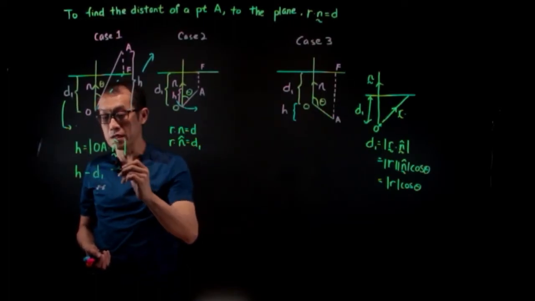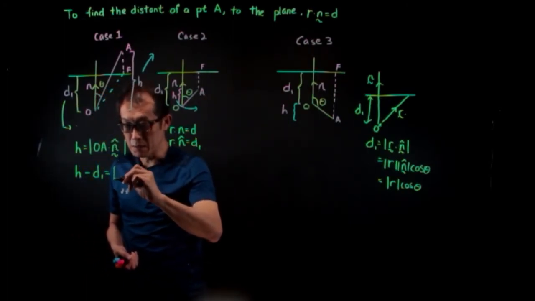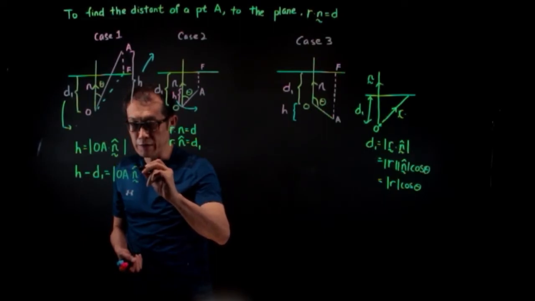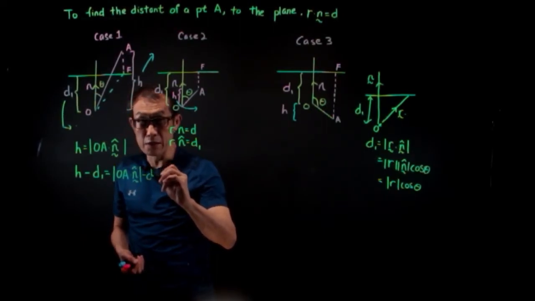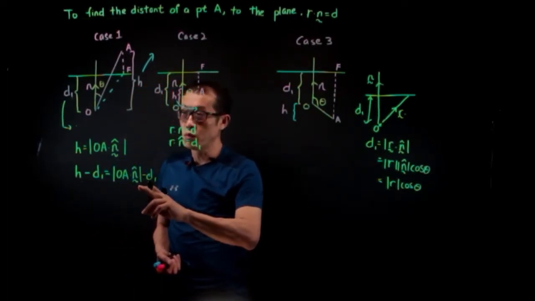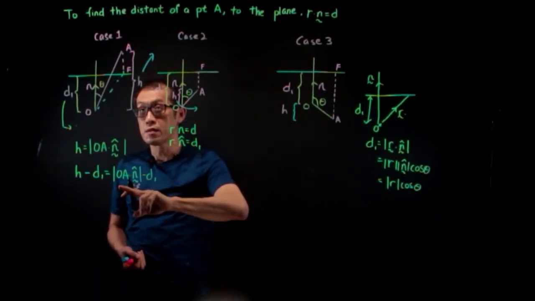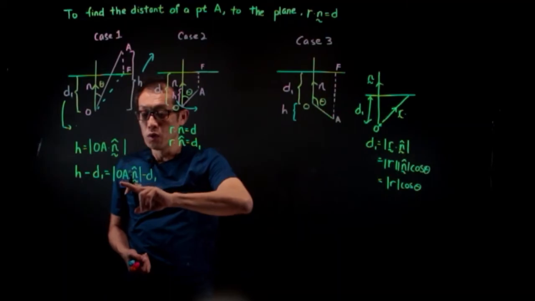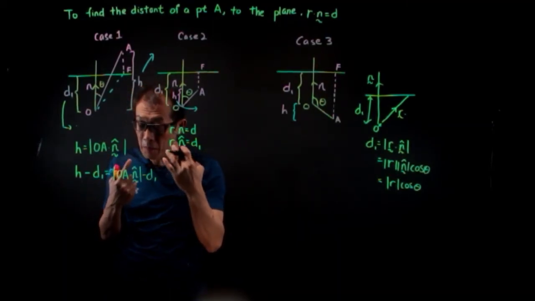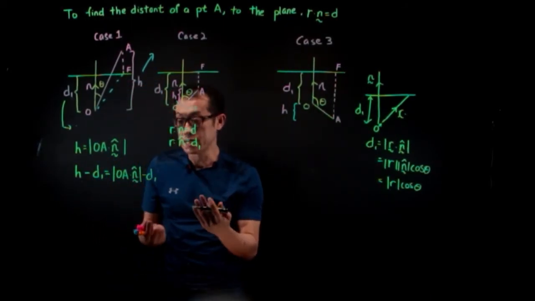Now, h minus d1 is mod of OA dot unit vector n minus d1. We are working with a positive n and this is A. In this scenario OA dot n is positive, so whether we put the mod or not, it is the same.